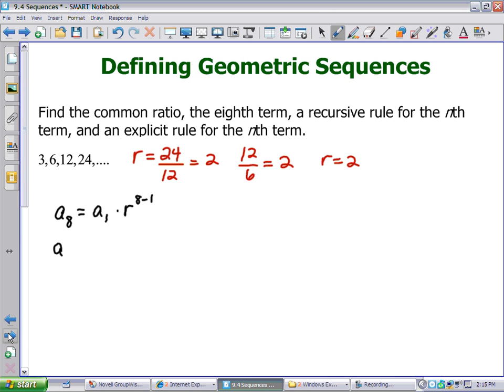So a sub 8 is equal to my first term, which was 3, multiplied by my common ratio, which is 2, raised to the 7th power. That works out to be 3 times 128, which is 384.